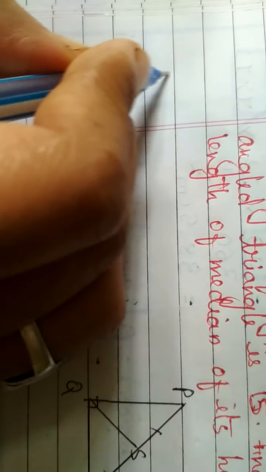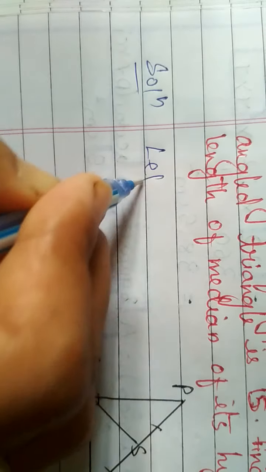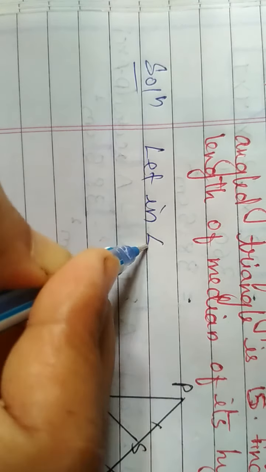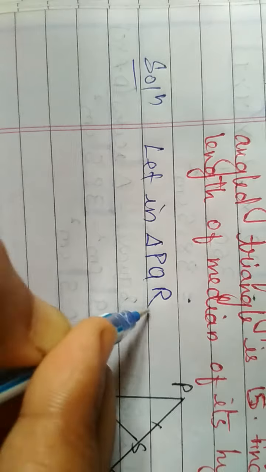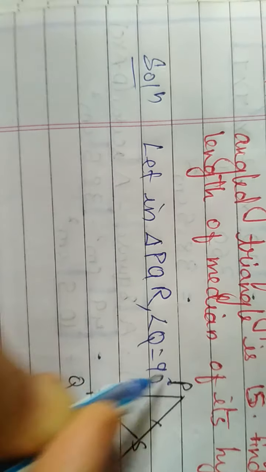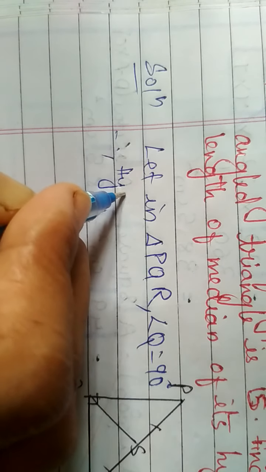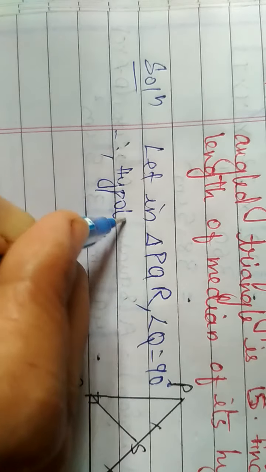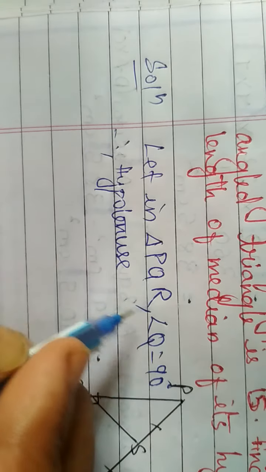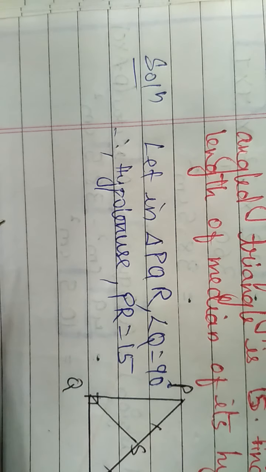Let triangle PQR where angle Q equals 90 degrees. The hypotenuse is the side opposite to the 90 degree angle, so the hypotenuse is PR and that equals 15, it is given.